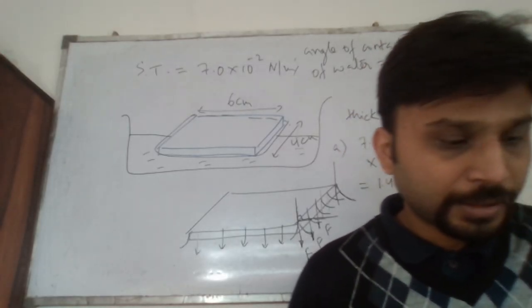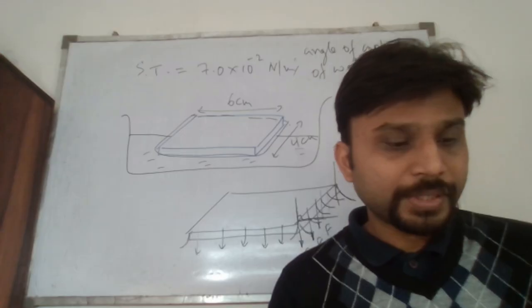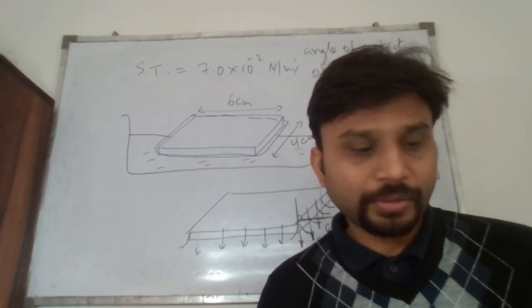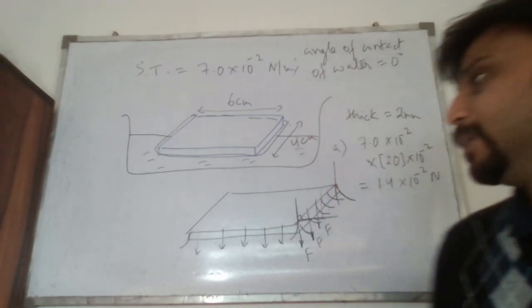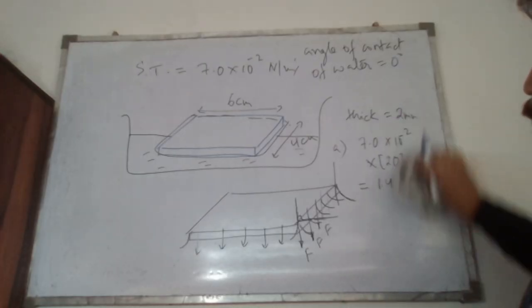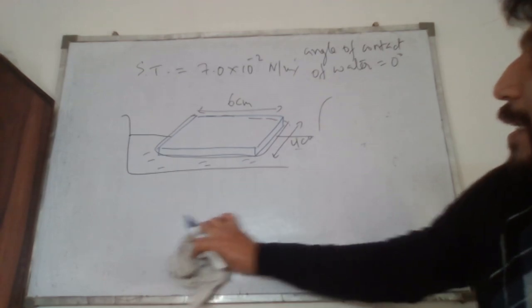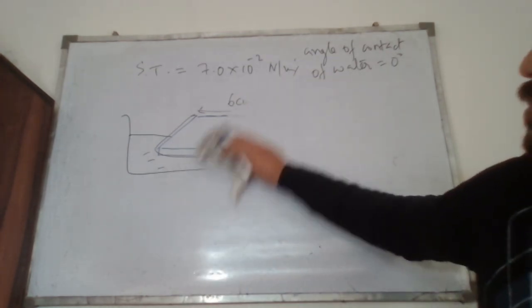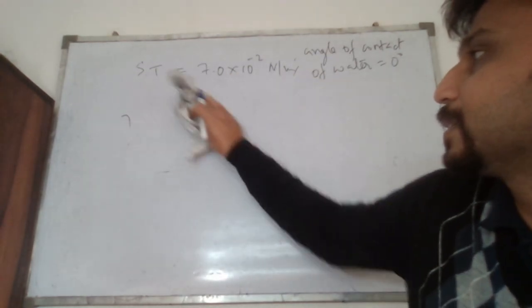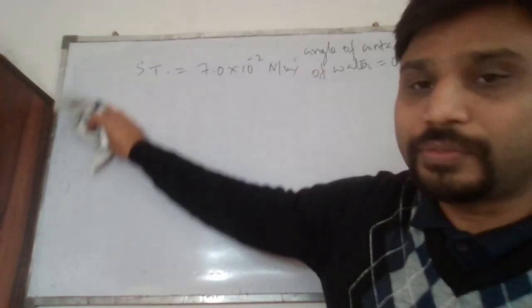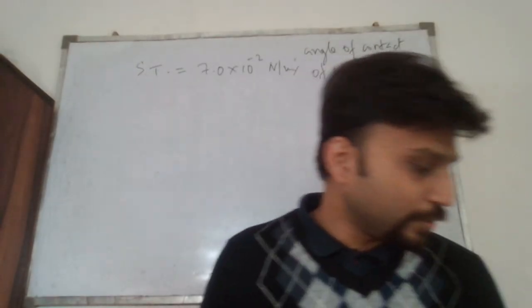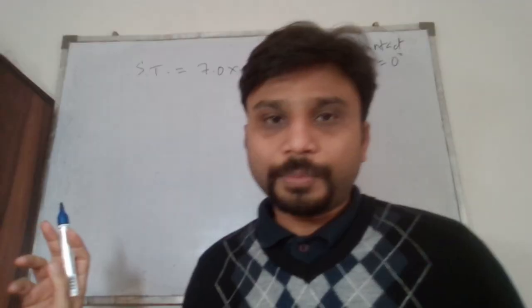Next, what will be the force on the second largest face of this plate? This is the B part. It would be simple. What would be the second largest face? There are basically three kinds of faces of this plate. The first was the largest one, that was 6 into 4.